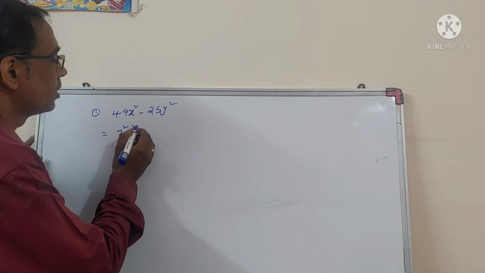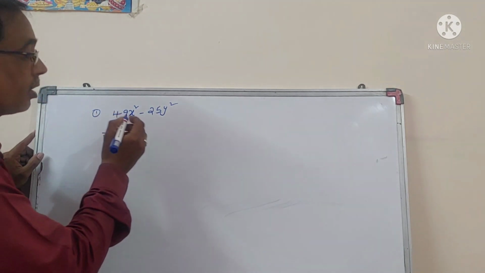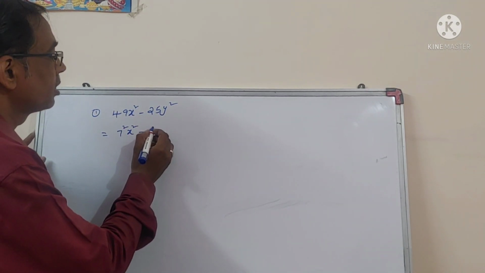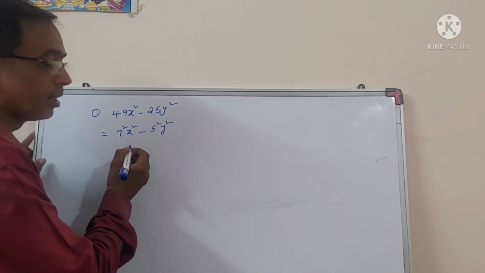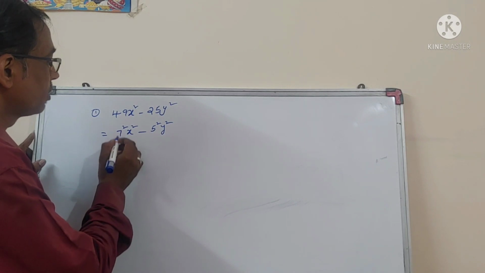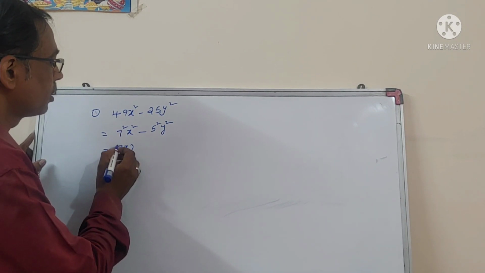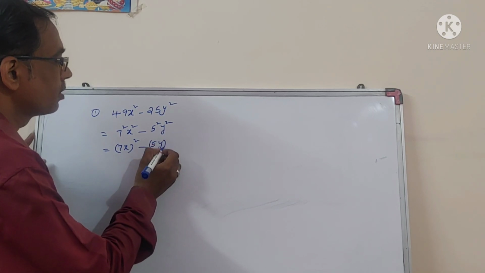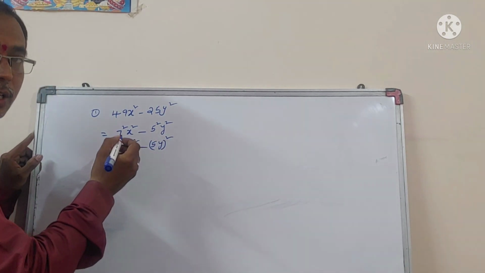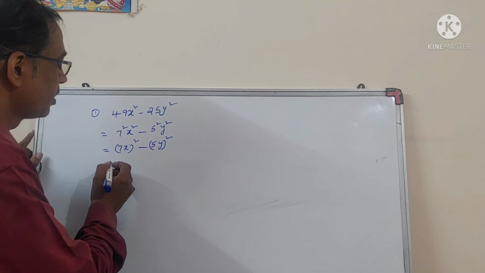Yes, 7 into 7, that is 7 square, x square, minus the 25 can be written as 5 square, y square is as it is. Now 7 square x square is simply written as 7x whole square, minus 5 square y square is 5y whole square.